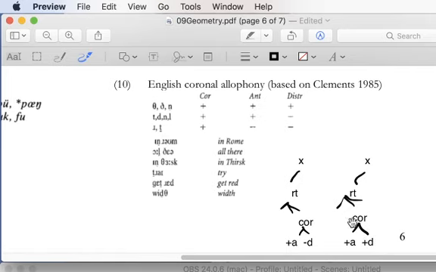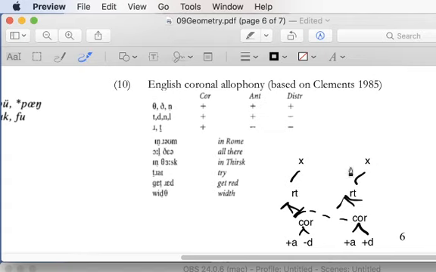What's happening in these cases? The claim is that the entire coronal node is delinking in that first consonant, just like most of the other assimilation processes we've seen. That coronal is going to delink, and the coronal node from the following segment is going to spread on over here and attach within the major place node of that preceding segment.